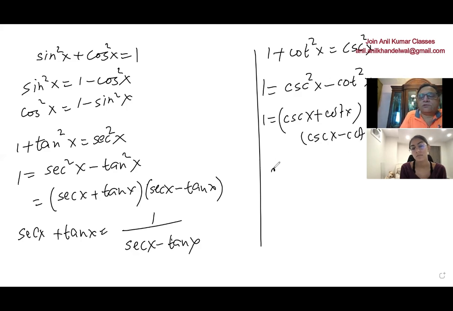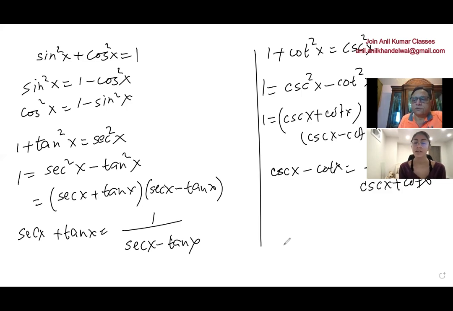And therefore, I could also write cosecant x minus cot x as 1 over cosecant x plus cot x. Do you see that? So these relations also can be derived, and the value of 1 can be seen in so many different ways. It really helps to figure out solutions. Clear?